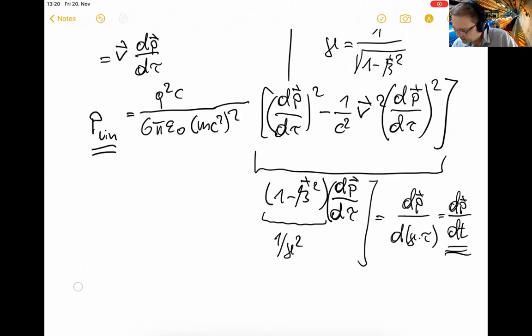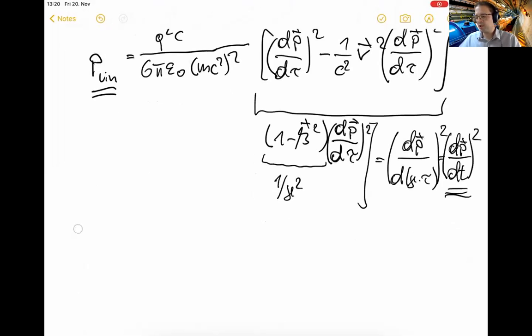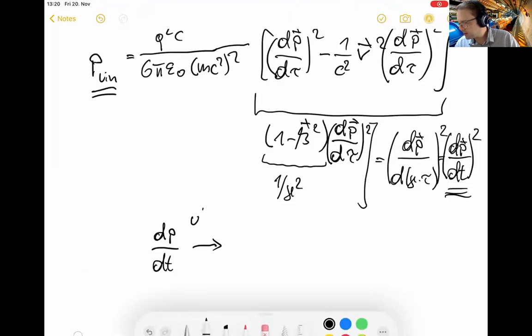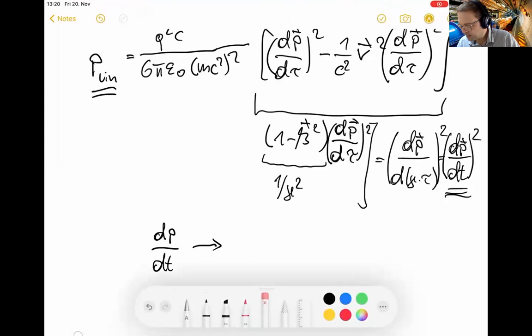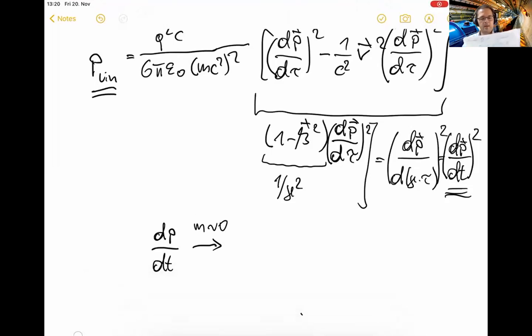Wait, I'm sorry, this is all squared here, of course. So the momentum change in the lab frame squared, we can, for an ultra-relativistic particle, and ultra-relativistic particle means just saying forget about the mass.